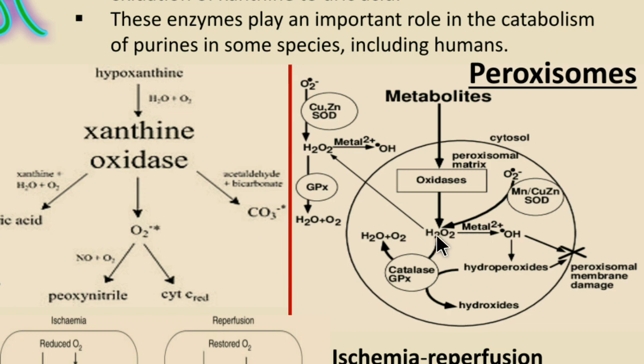These hydrogen peroxide get influenced by the metal ions and generate the hydroxyls, where these hydroxyls have a difference in their valence of electron, and they are going to affect the cell membrane, causing peroxisomal membrane damage.